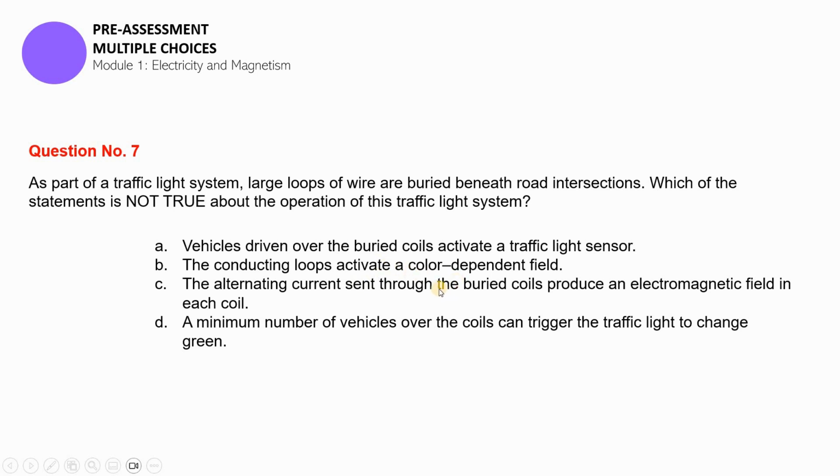C. The alternating current sent through the buried coils produces an electromagnetic field in each coil. D. A minimum number of vehicles over the coils can trigger the traffic light to change green. Pause this video if you need more time. If you are through, let us proceed to the next question.